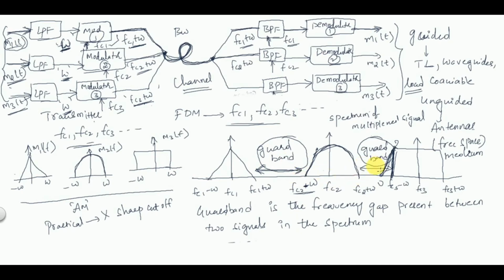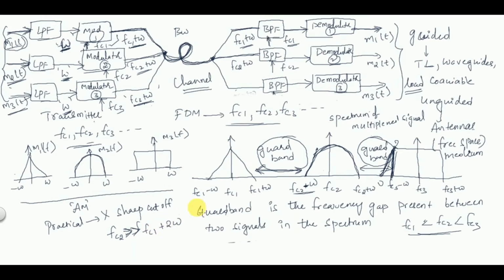Right, so in order to have that guard band, what is the condition here? Suppose we are taking fc1 is less than fc2, which is less than fc3. This is just an assumption, for a better understanding of the concept. So fc2 should be greater than fc1 plus 2W.